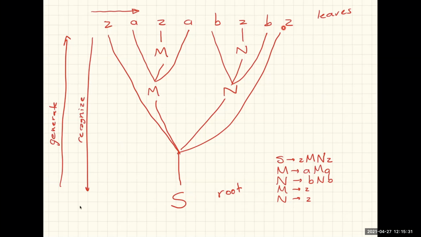Otherwise, the string will not be recognized by the grammar. It does not belong to the language defined by this grammar. Yes? When we talk about generation, we are talking that we start from S, and by following the rules from this grammar, we will obtain a string. So most of the time it will be the same grammar, just if we are converting from this to this or the reverse.